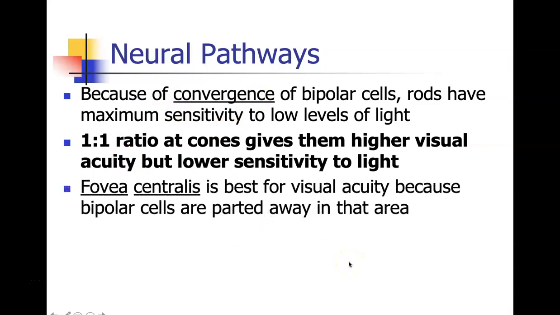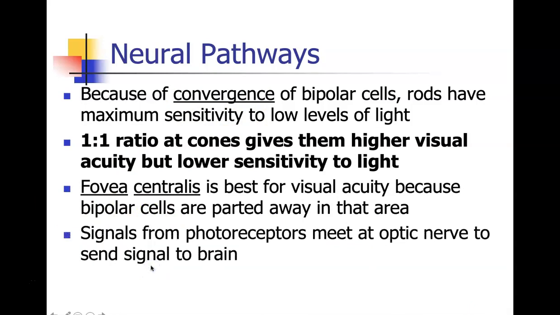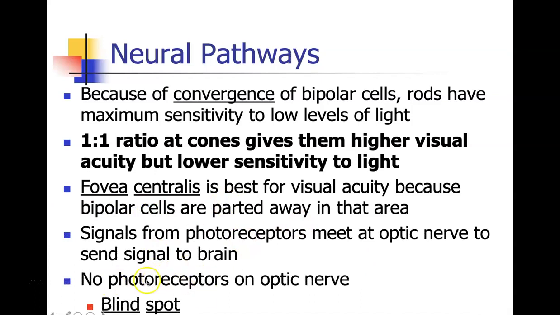Remember that fovea centralis is the part where you have the highest density of photoreceptors, and it's best for visual acuity because the bipolar cells are parted away in that area too. And signals from the photoreceptors are going to meet at the optic nerve and then send that signal back to the brain. There is a spot though in your eye where the optic nerve goes back to your brain where there's no photoreceptors.